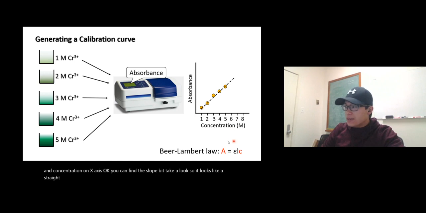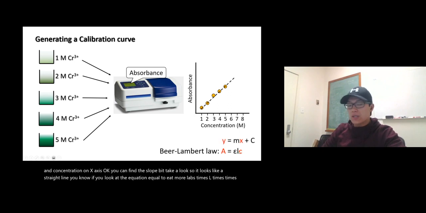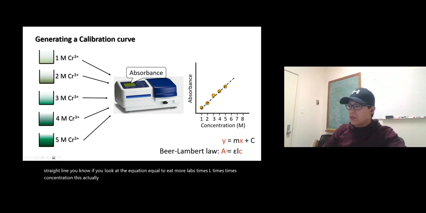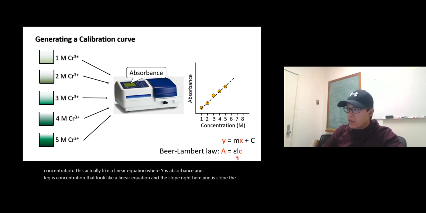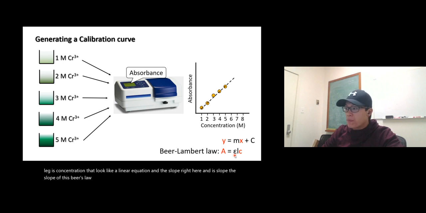If you look at the equation, A equals epsilon, that's molar absorptivity, times L times concentration. This is actually like a linear equation where y is absorbance and x is concentration. Okay, it looks like a linear equation, and the slope right here, m is the slope. The slope of this Beer's law is molar absorptivity times length.